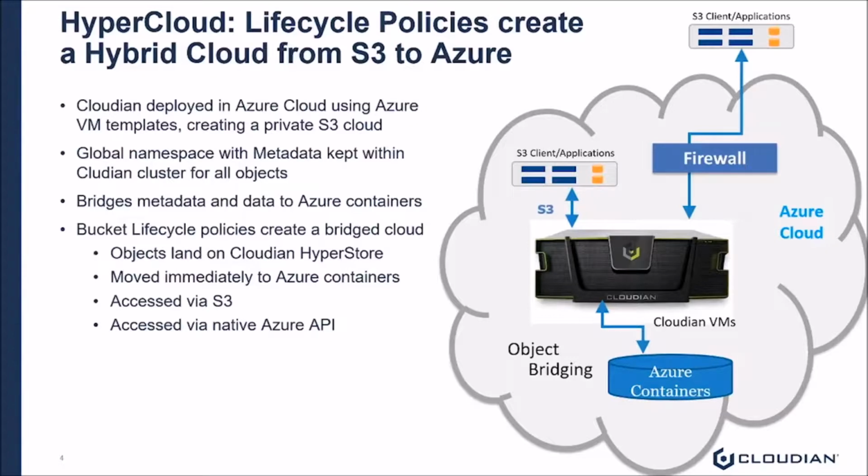It bridges the metadata and data into Azure Containers. And bucket lifecycle policies create the bridging. So when an object is written to Cloudian, it is moved immediately into Azure Containers. It can be accessed via S3, and it can be accessed natively via Azure.